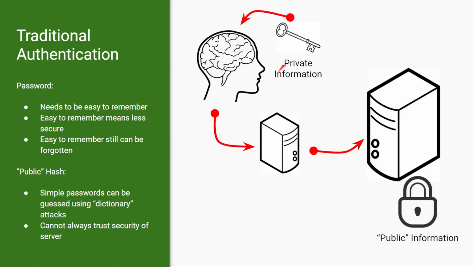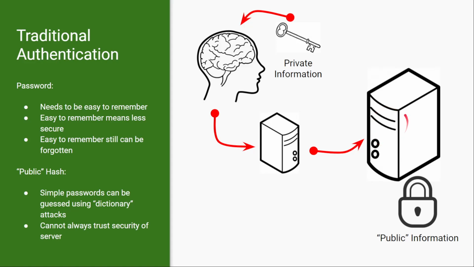Also, this private information isn't the only problem. The public information, this is a hash that's kept on the server, it's not meant to leave the server, but very frequently this information gets out in the wild, is exposed to the internet.